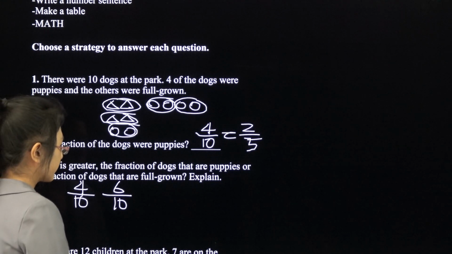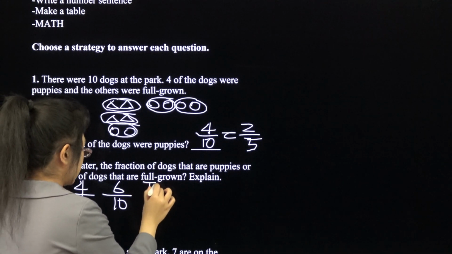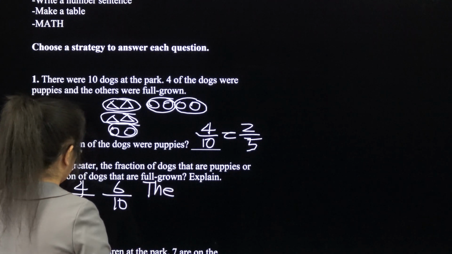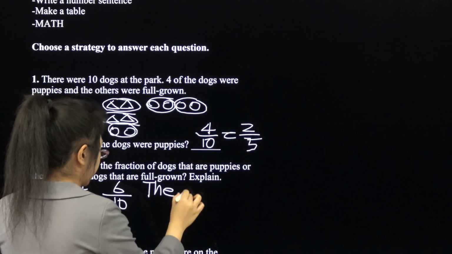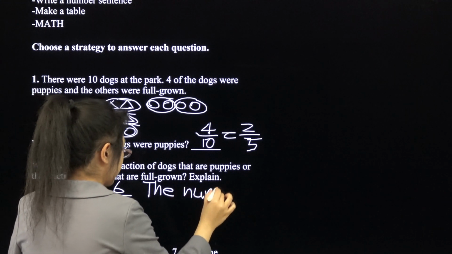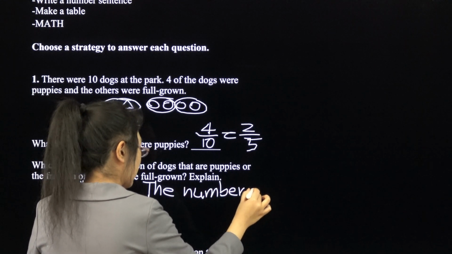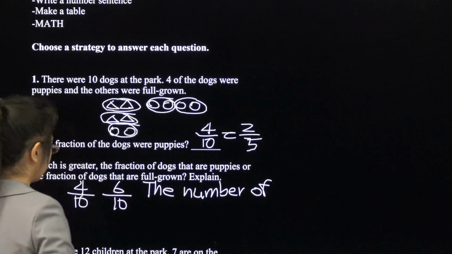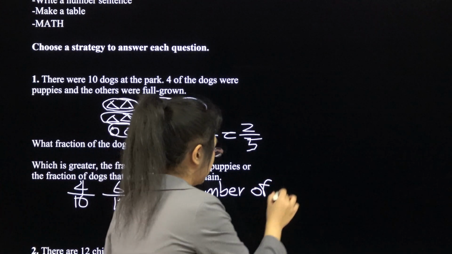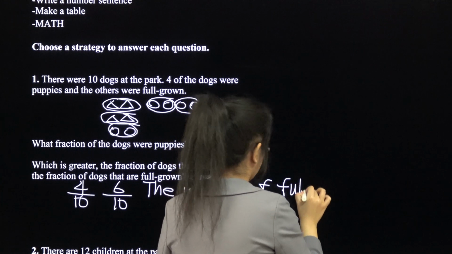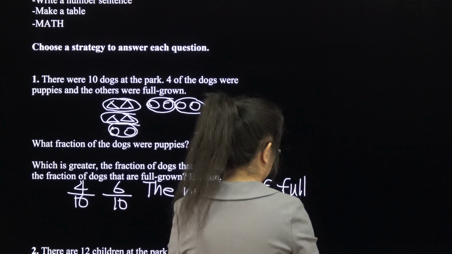So the number of full-grown dogs is actually greater because 6 is bigger than 4.